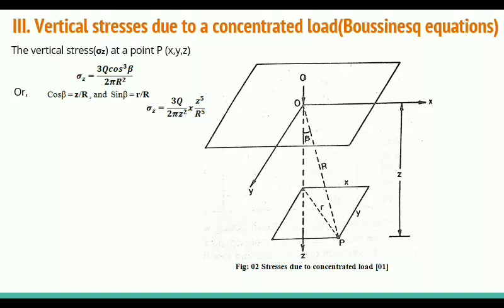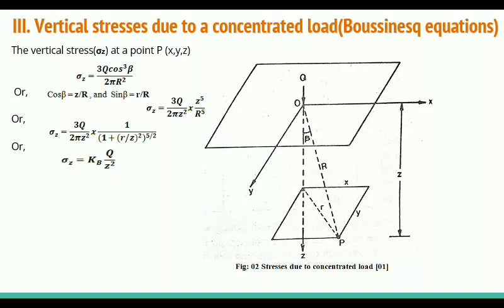We can write 3q z^5 over 2 pi r^5, or we can write like this, or we can write like this.